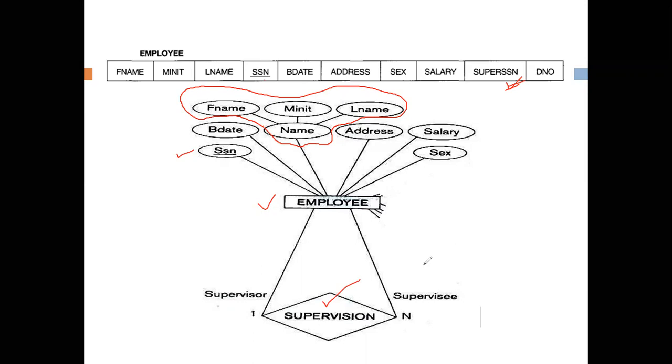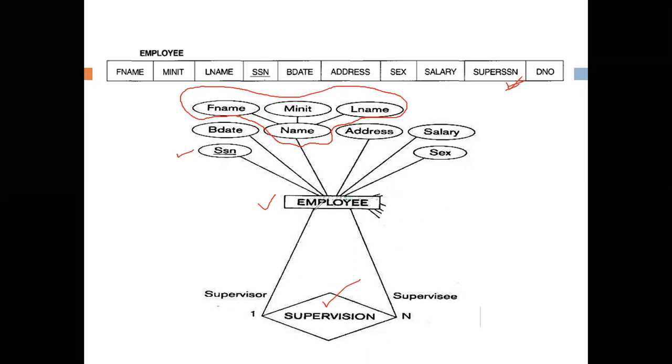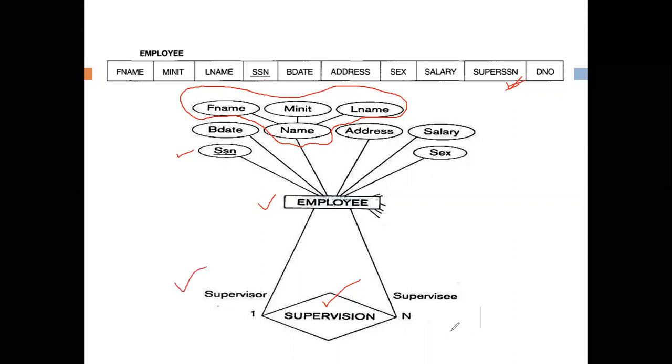The relationship is represented in a rhombus symbol and the name of the relation is supervision, and there is a link. In this particular relation, two employees will participate. One employee entity will act as a supervisor, and another employee will act as a supervisee. Those two roles are written over here.